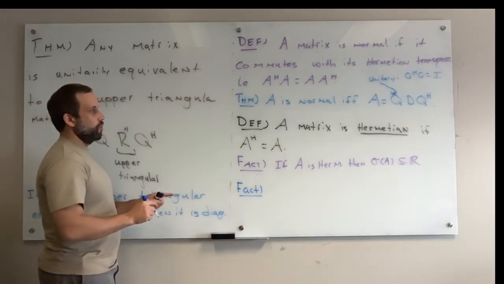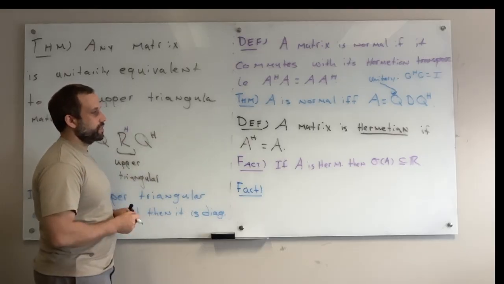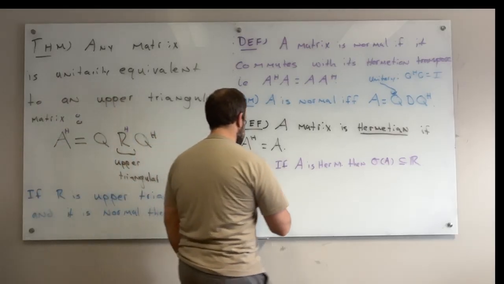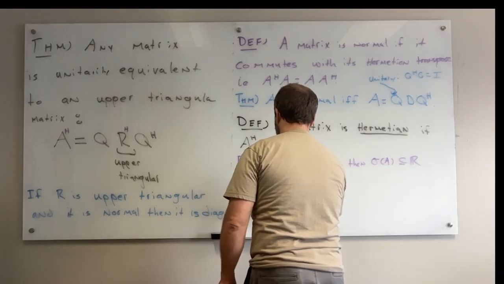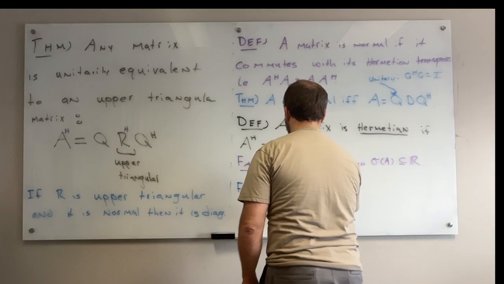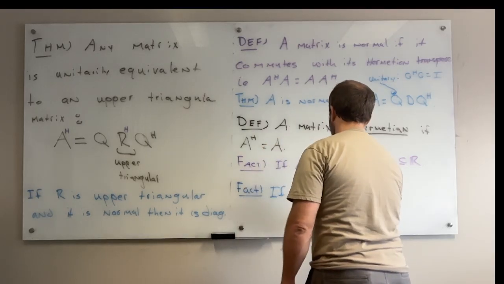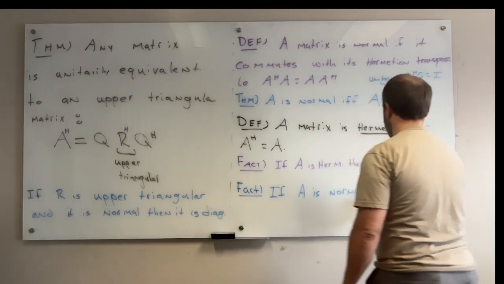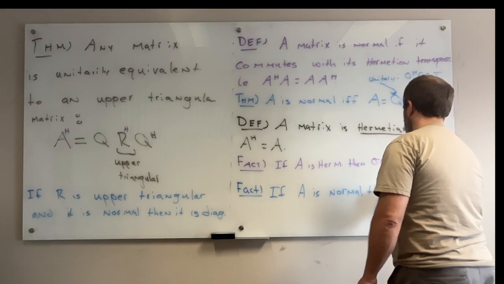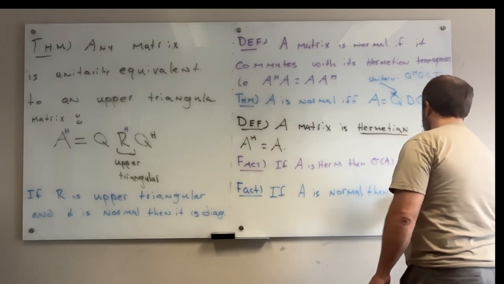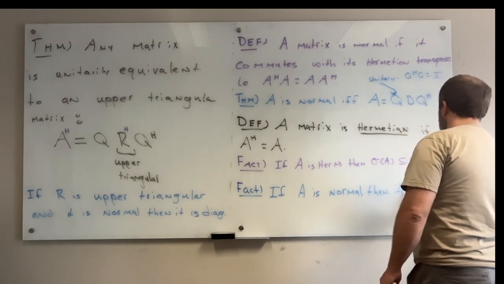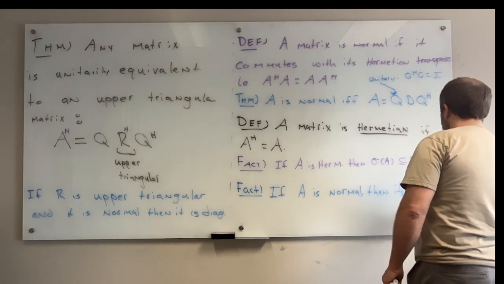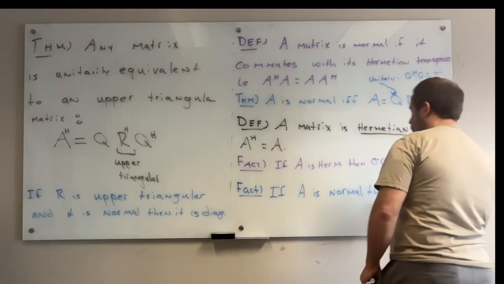If A is normal, so I should have said this in the context of normal matrices, if A is normal, then its eigenvectors are orthogonal.